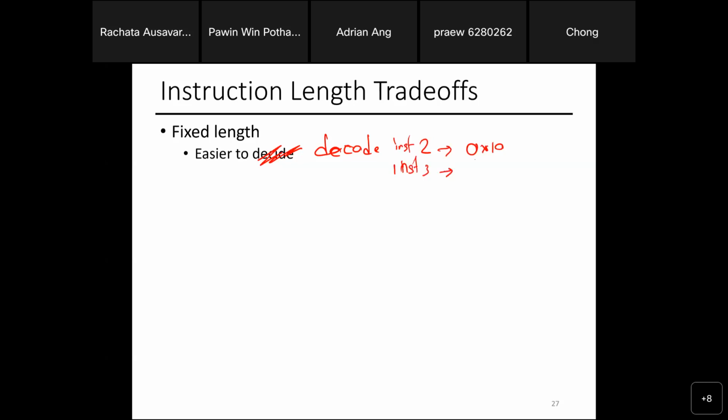It's going to be 10 plus 4, right? 0x14. Instruction 4 is going to be at what? 0x18. Which means that you can always tell where each line is going to be in your memory, because every single line is the same size.